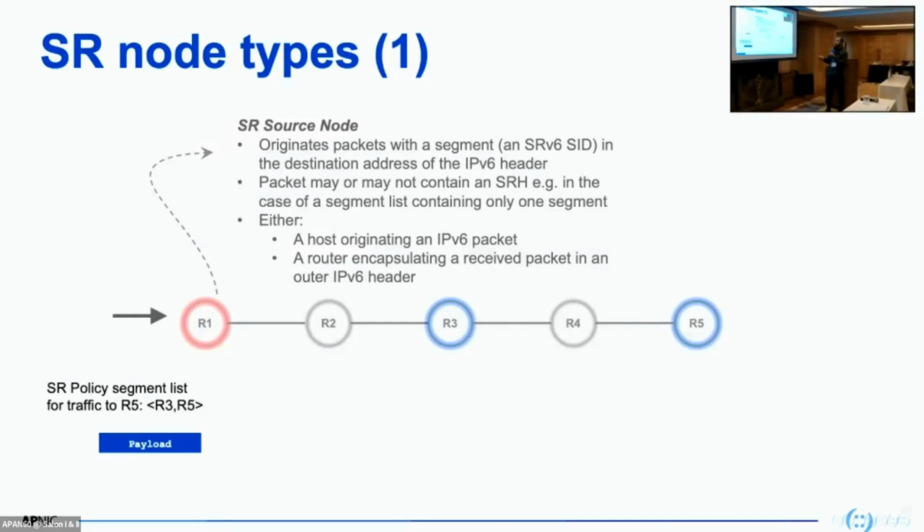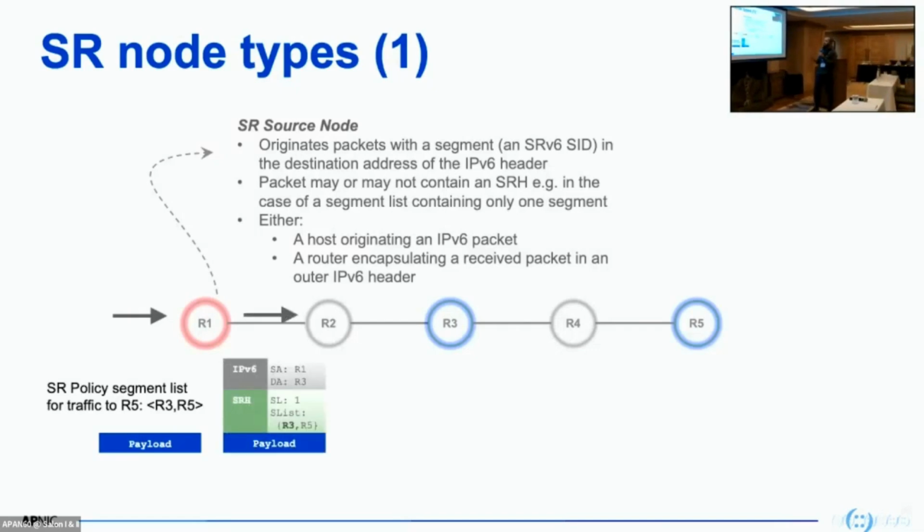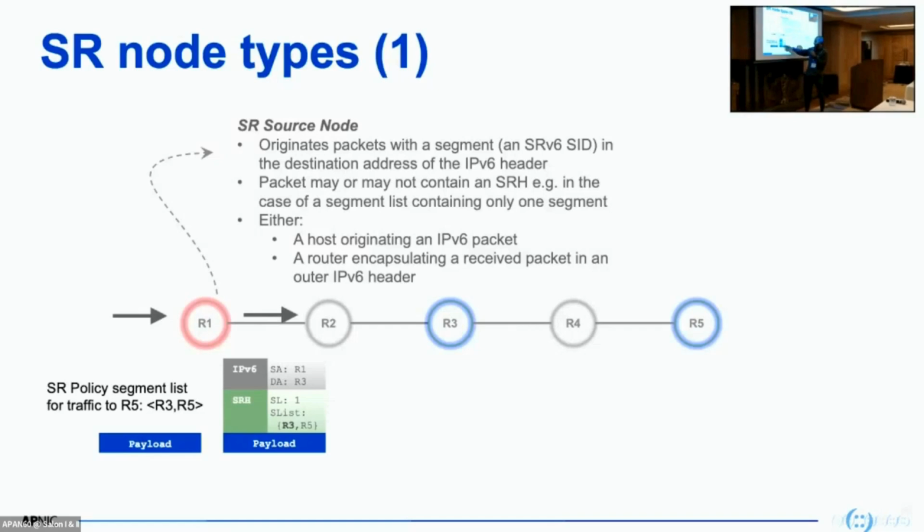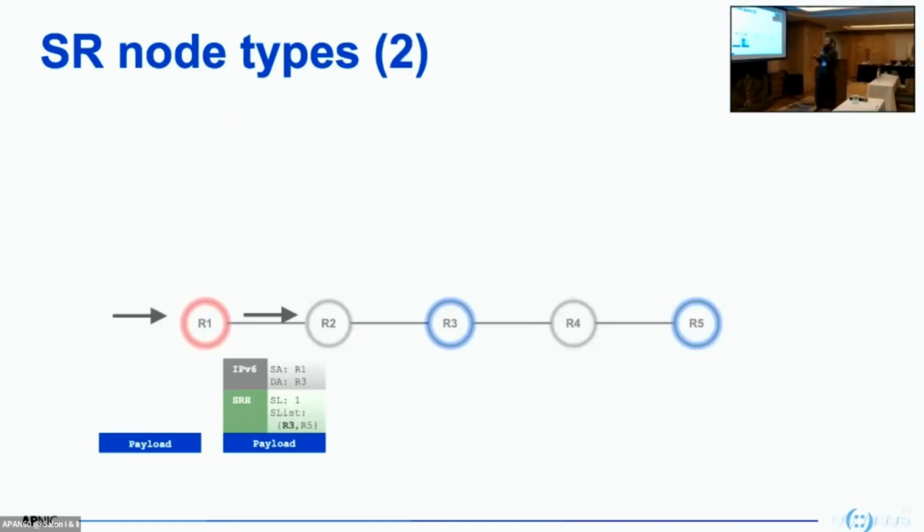Because this instruction already came, R1 will make an IPv6 packet with a segment routing header, and the header will have a list. For R1, the active is R3, which will be the destination address, and segments left is 1.